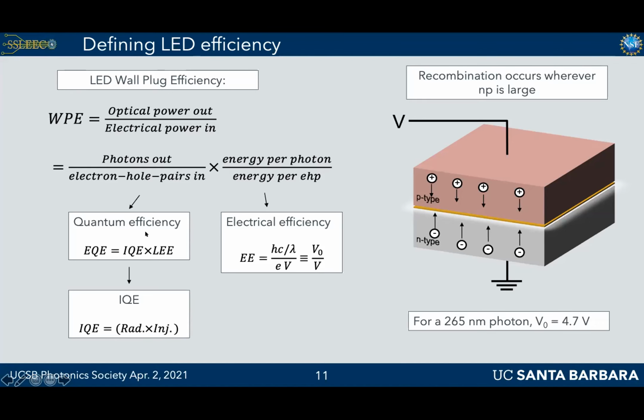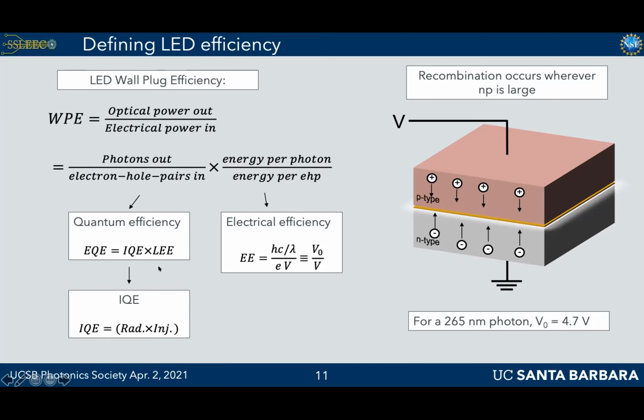We're going to count up how many photons we get out compared to how many electrons we inject. And then the other part is the electrical efficiency, and that's just a question of how much energy do we actually need to get each electron, or strictly each electron hole pair, into the LED versus how much energy actually makes it into the photon.